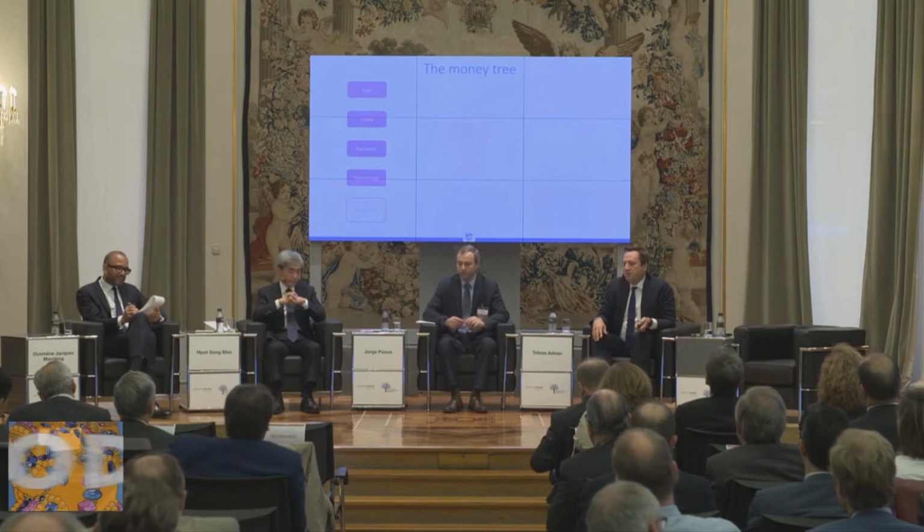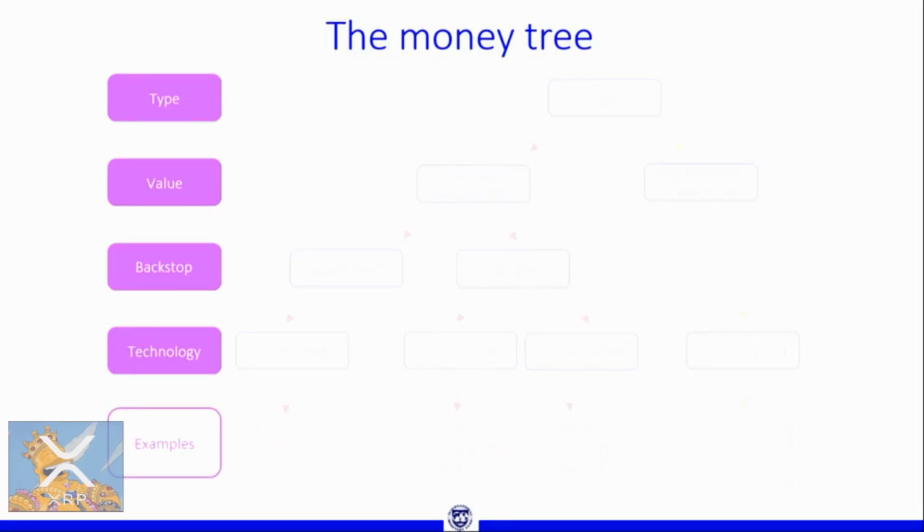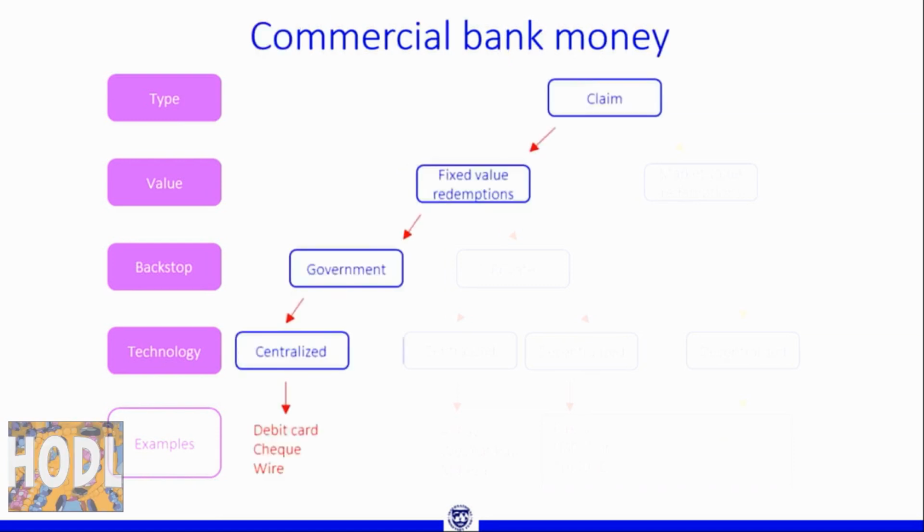This is what we call the money tree. In the money tree, we distinguish by type, value, backstop, and technology. So let's get started with the traditional debit cards, checks, and wire transfers. These are claims that have a fixed value.